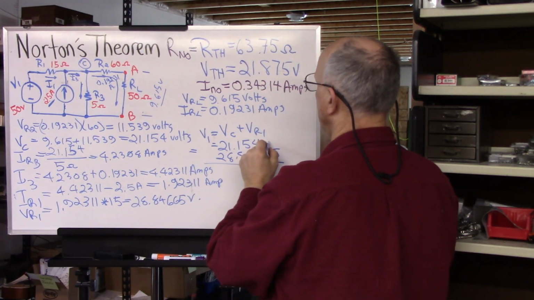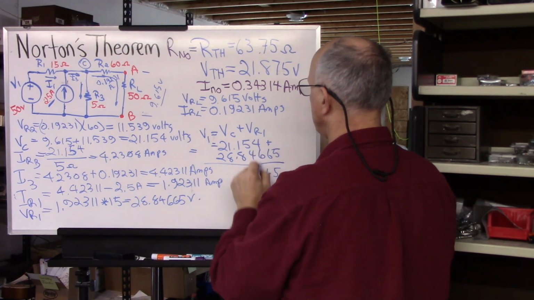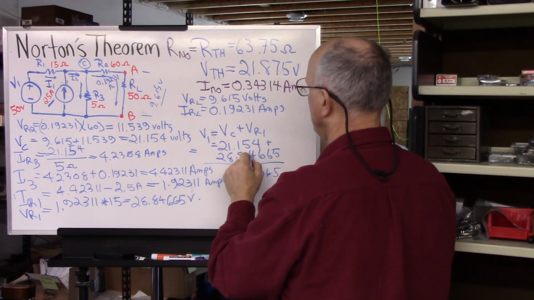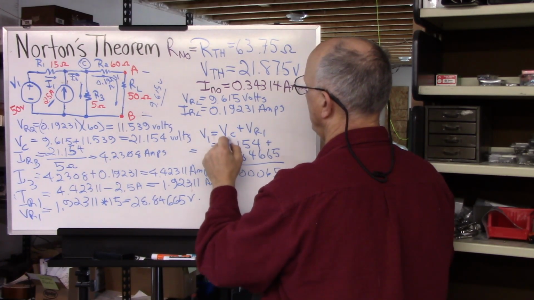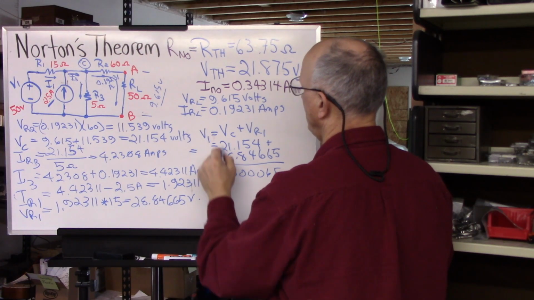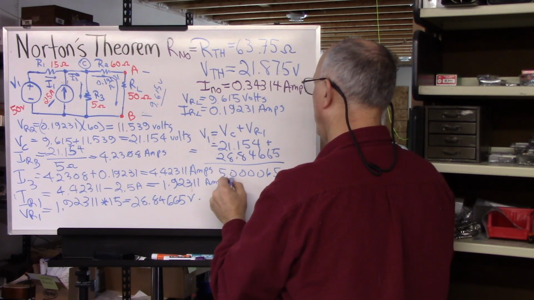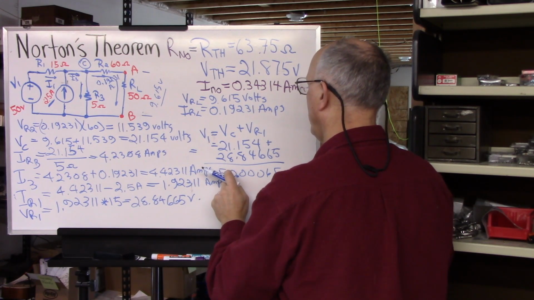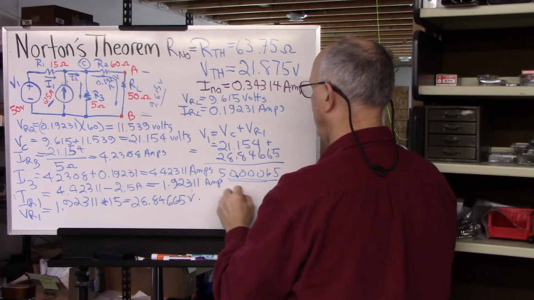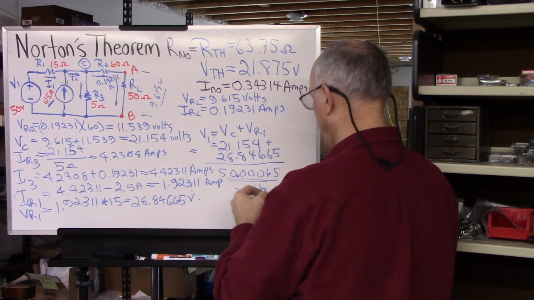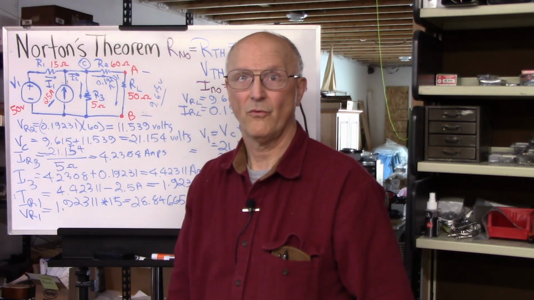Let's add those up here. We get 50.00065 volts. Yep, Norton's theorem works.